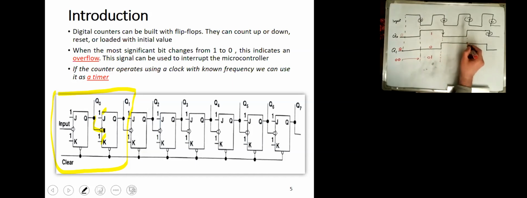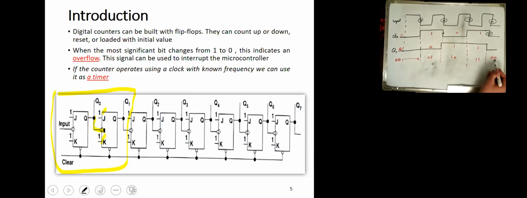And here, I'm sorry, here we have 1, 0. And here we have 1, 1. So the value here in the counter is 1, 1, and then it goes back to 0, 0. So basically, this circuit is counting 0, 0, 0, 1, 1, 0, 1, 1, 0, 0, and so on.